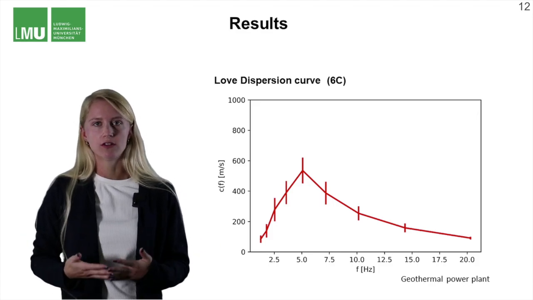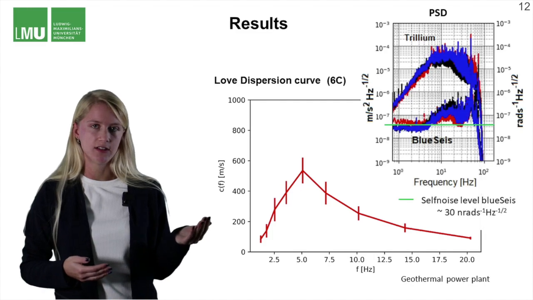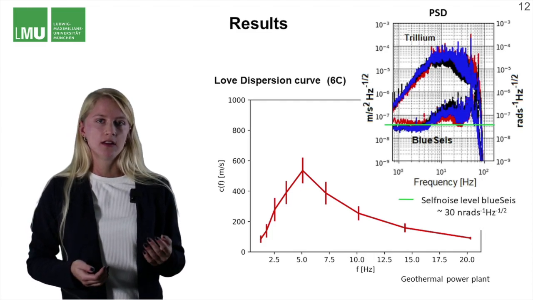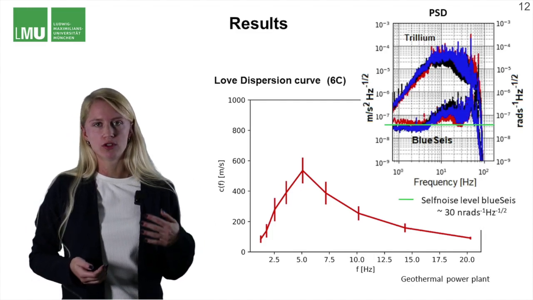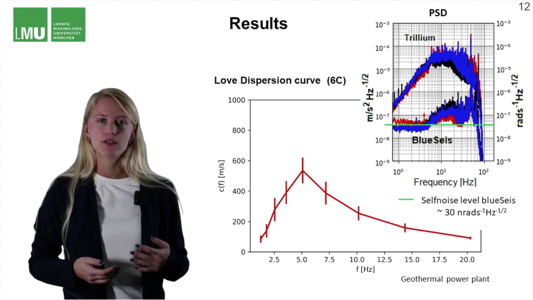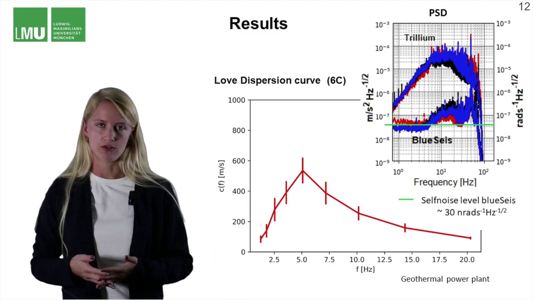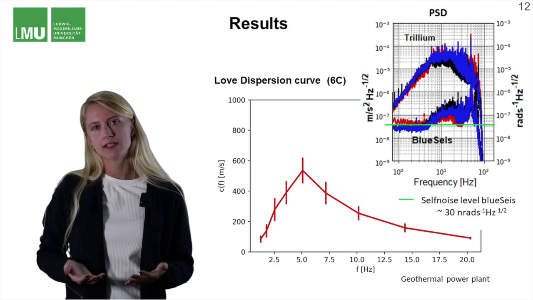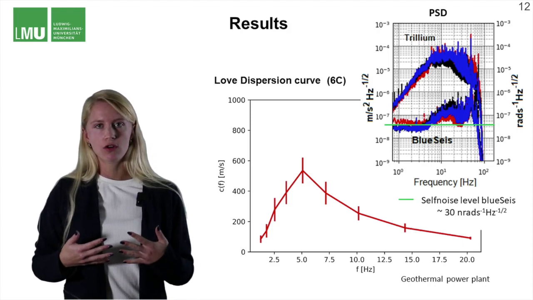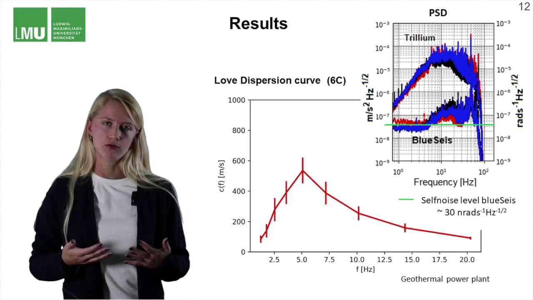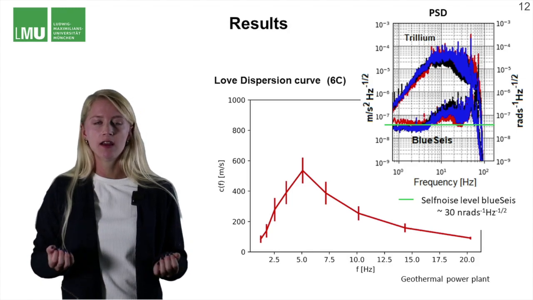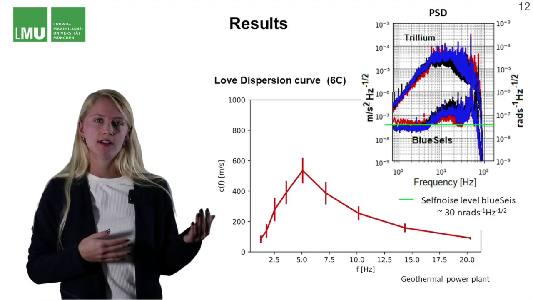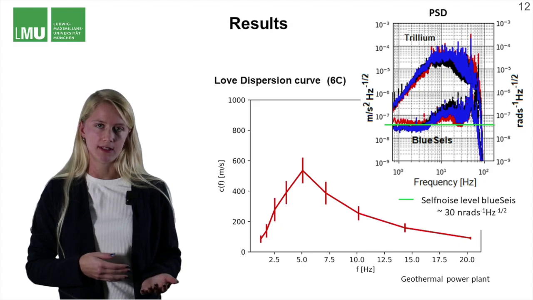To answer this question, let's look at the power spectral densities of the recorded data. The 3 upper traces belong to the translational motion, and the 3 lower traces belong to the rotations. There are a couple of things that we can note. First of all, the translations are larger than the rotations, which is expected. And second, the energy content decreases with decreasing frequency.